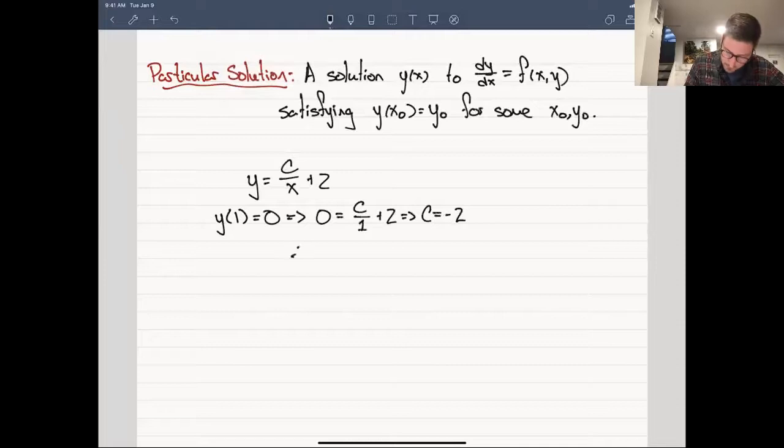So I get a particular solution of minus 2 over x plus 2. That's the particular solution corresponding to the measurement that I'm providing it. At x equal to 1, I get y is equal to 0.